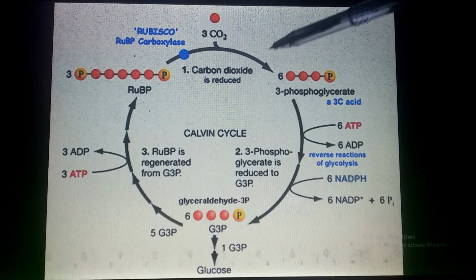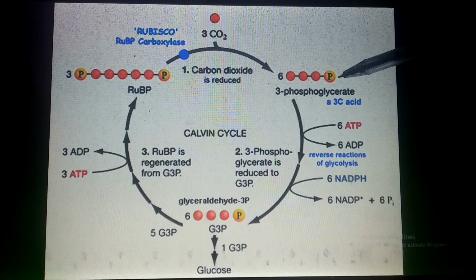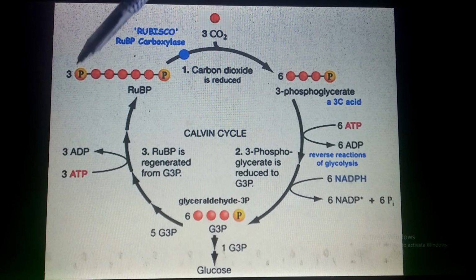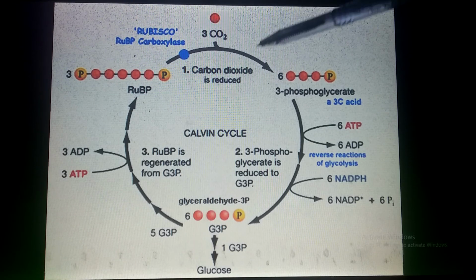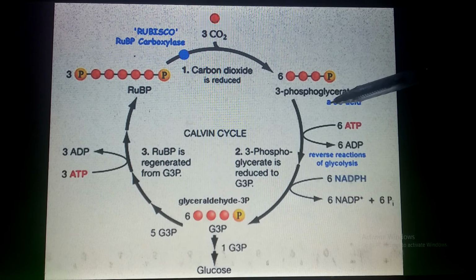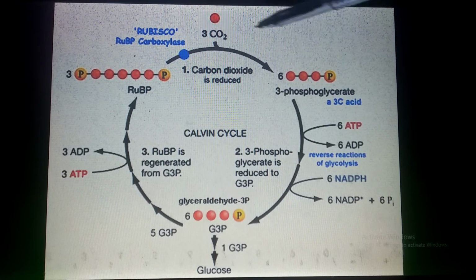Because 3 molecules of carbon dioxide and 3 molecules of RuBP react, they produce the unstable 6 carbon compound, then this unstable compound is converted into phosphoglycerate. Phosphoglycerate is 3 carbon, and 6 molecules will be produced. Is it clear? Now this is the carbon fixation.